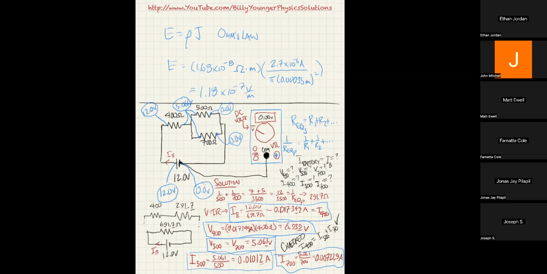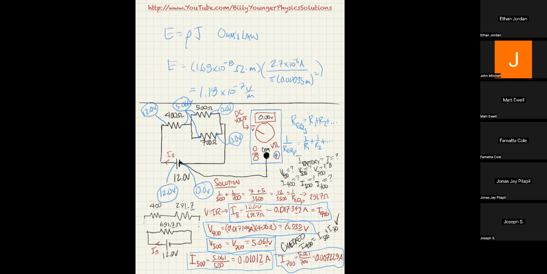So each time you do something where you worked out voltages like that, you want to make sure that all those voltages add up to the same voltage as anything that's in parallel with it, which in this case could be the battery. Meaning if I added the voltage of the 400 ohm resistor and the voltage of the 500/700 ohm resistors, those should add up to give me 12.